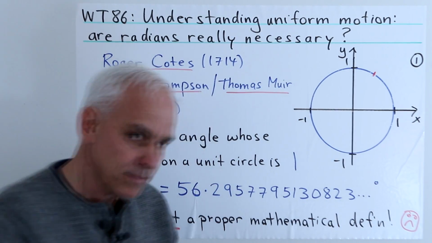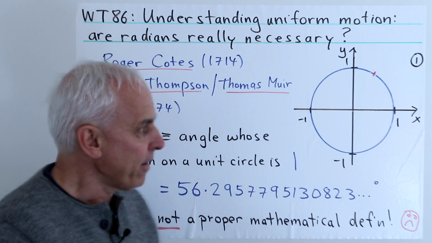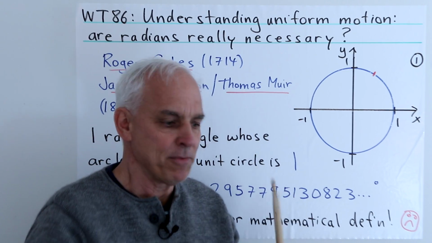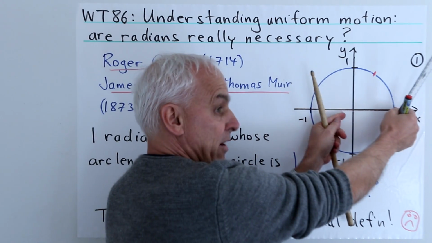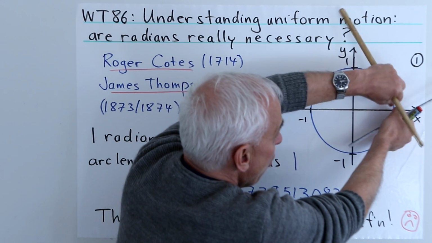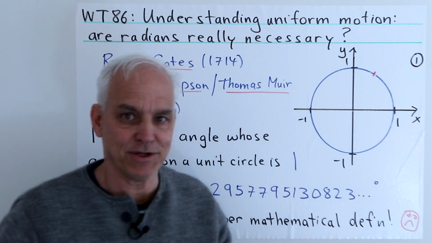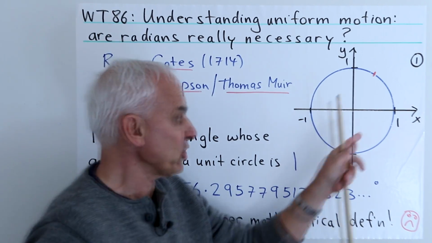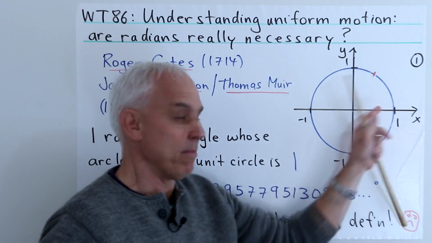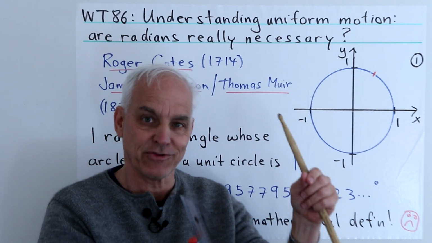Now, that's not very accurate, of course, with a ruler, and you could imagine some other physical apparatus to do that. We could perhaps take a piece of string and try to mold that string around the shape that we've drawn for the circle. It would be easier if we had a physical circle made out of, say, wood, and then it would be easier to stretch the string around it.